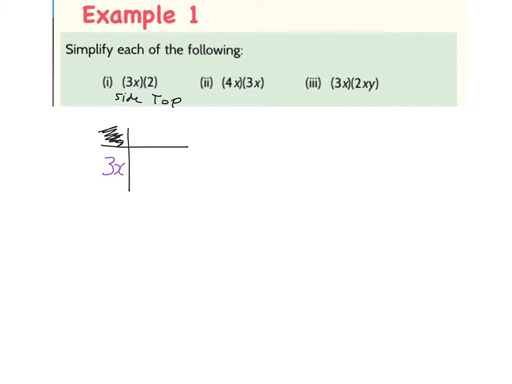And up on top, I'm going to write 2. And just as we did when we were looking at box multiplication, we're now going to multiply these 2 together to get this answer here. So we have 2 multiplied by 3x, and the answer to that is 2 3x's, which gives me 6x. And that's my answer.